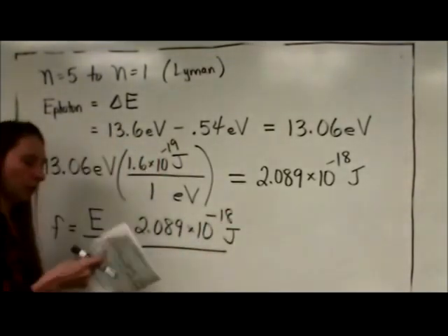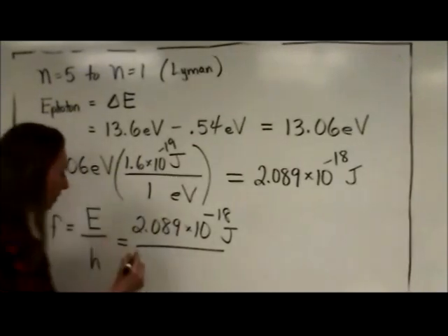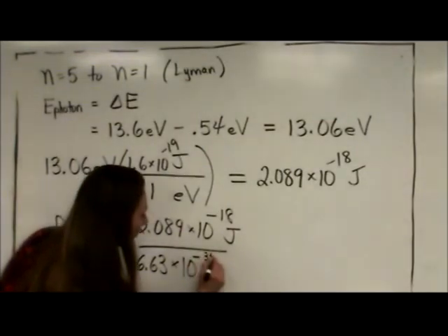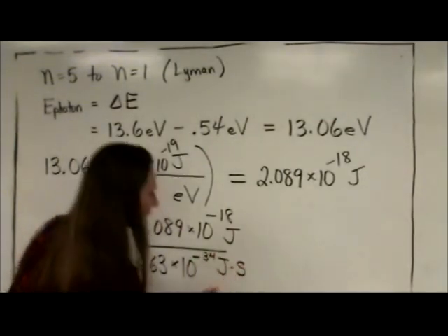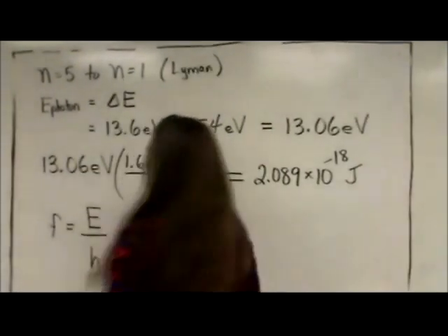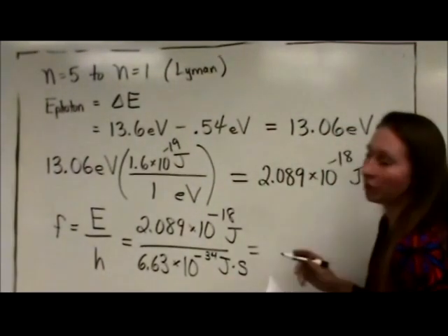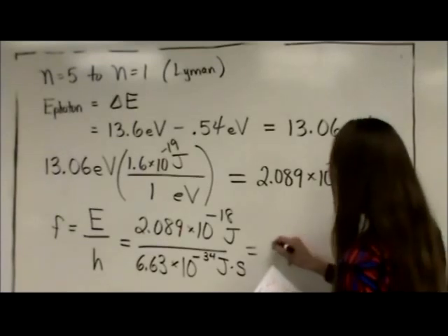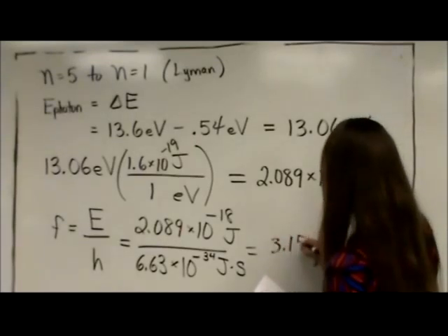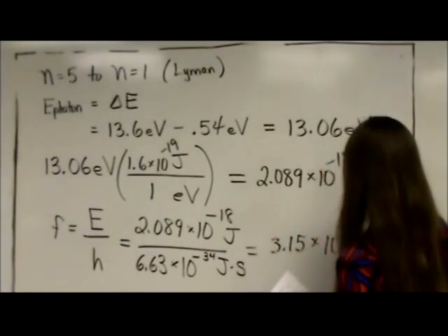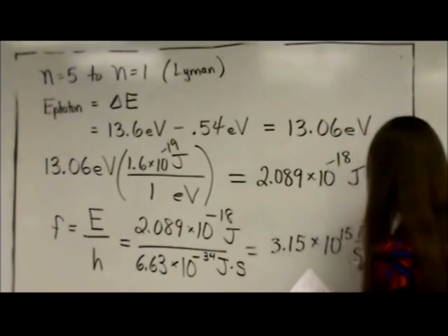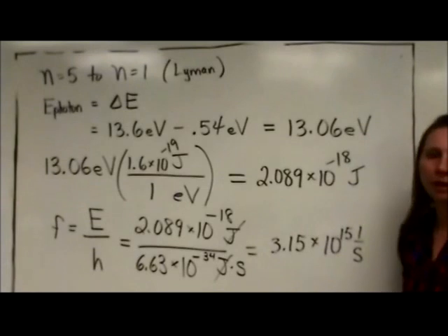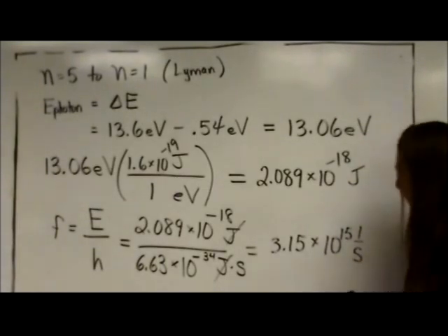Planck's constant, look up on the front of the reference tables, 6.63 times 10 to the negative 34 joule seconds. Do that math and you find that the frequency of this photon is 3.15 times 10 to the 15th 1 over seconds, or hertz. The joules cancel and you get 1 over seconds or hertz.